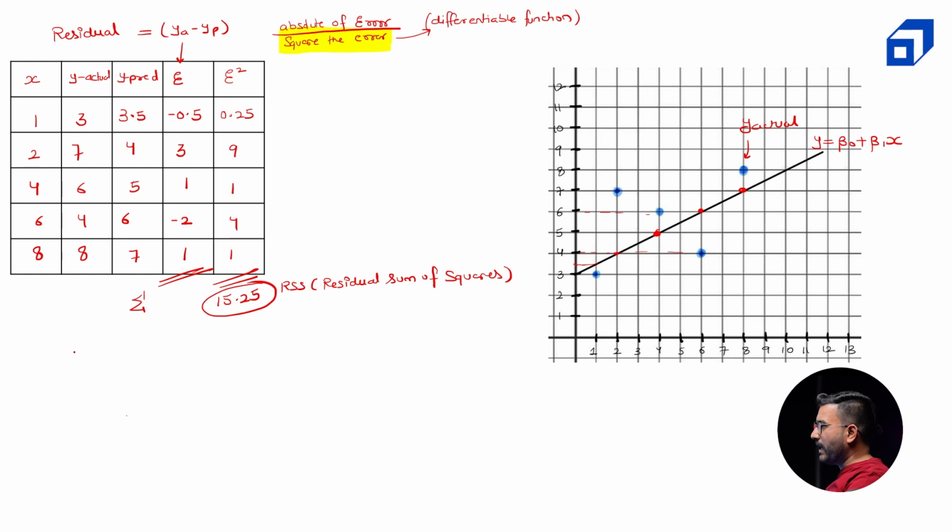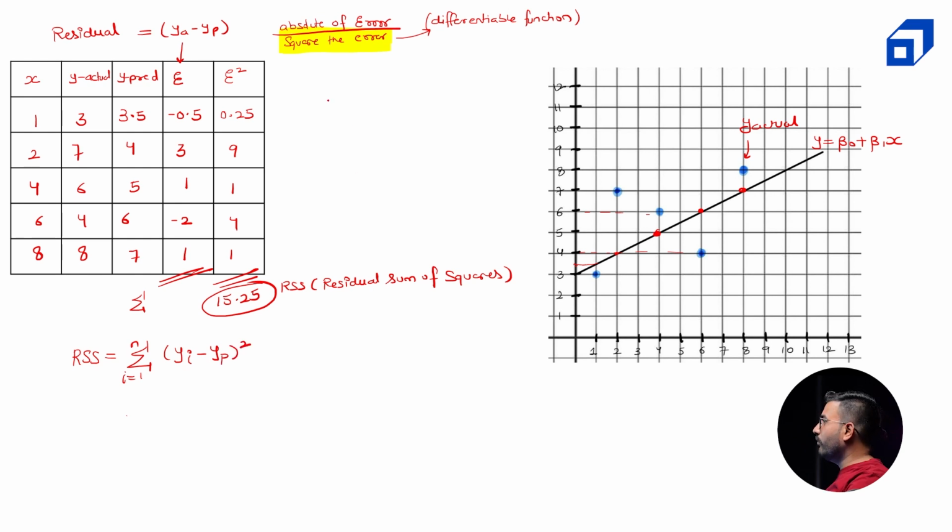Now if I mathematically define RSS, it is given as the summation of i equal to 1 to n, where n is the total number of data points, of (yi minus yp) whole squared.